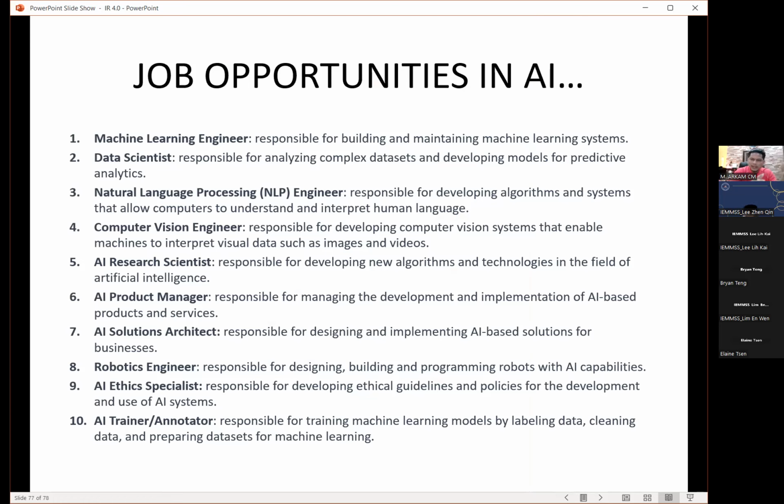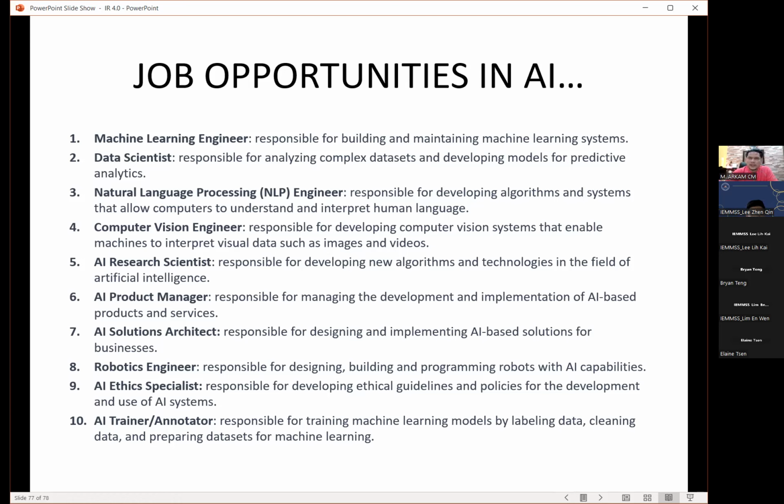So I end that presentation from IR 4.0 with one specific thing that I can predict can become one of the most important things in the very near future, as you as students, as you as workers or industrial players in the future. So these are all the job opportunities available as far as AI is concerned: AI solution architect, robotic engineers, ethics specialist, trainer, annotator.